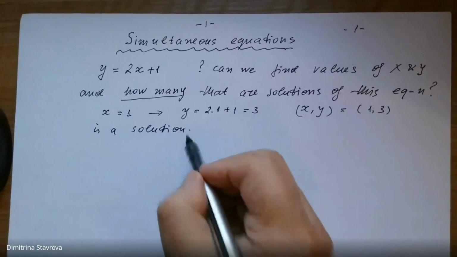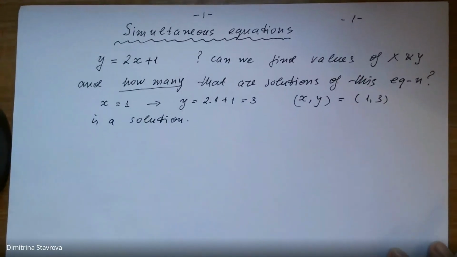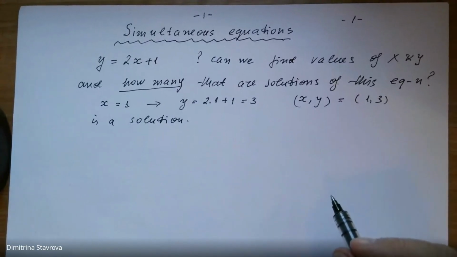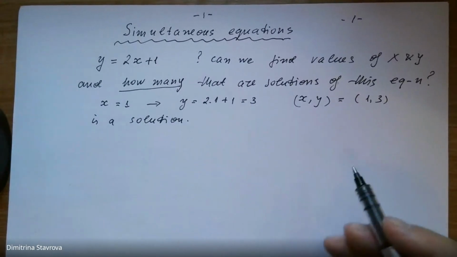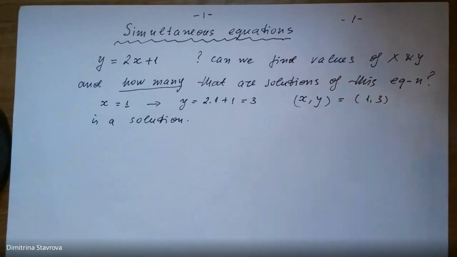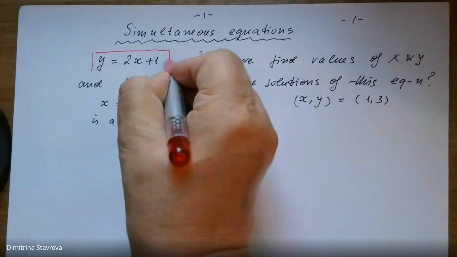Is this the only one solution? We are asking ourselves. And in order to answer this question, we should think a little bit, how else can we interpret such type of equation?